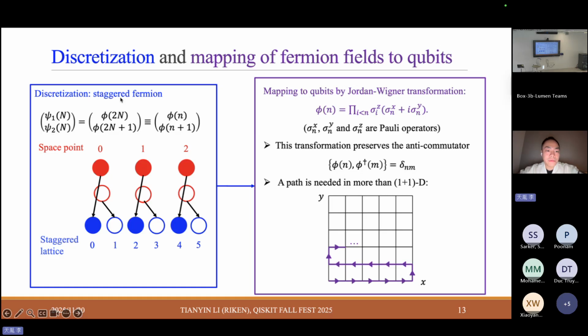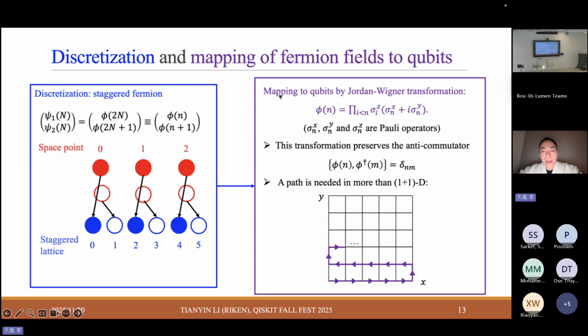According to the staggered fermion method, we put the first component of the fermion fields onto the even sublattice, while we put the second component of the fermion fields in the odd sublattice.